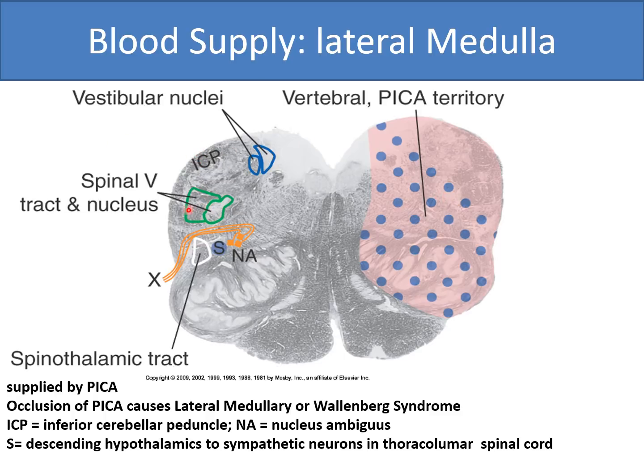If there were damage to the posterior inferior cerebellar artery, there would be loss of pain and temperature in the face on the ipsilateral side, and loss of pain and temperature on the contralateral side of the body because the lateral spinothalamic tract is sitting here. There'd also be damage to the nucleus ambiguus, affecting cranial nerves 9 and 10, so the gag reflex would be lost.